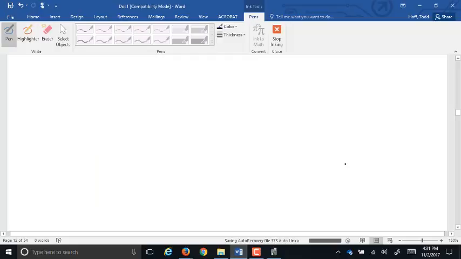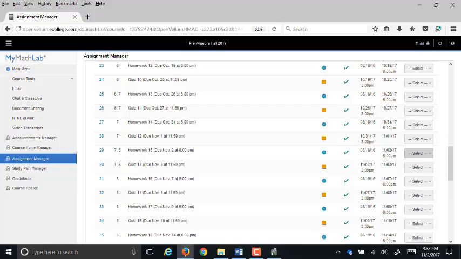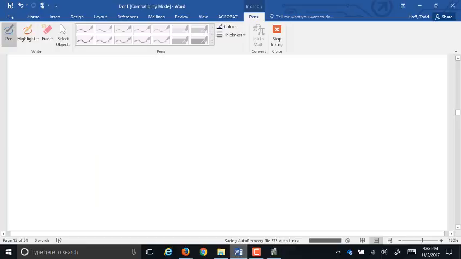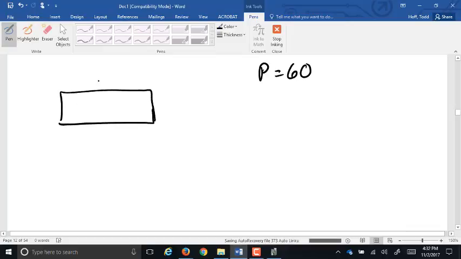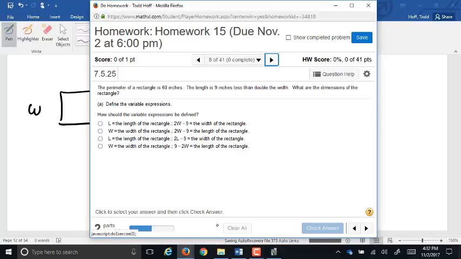So perimeter equals 60. The rectangle has a length and a width, and it says that the length is 9 inches less than double the width.